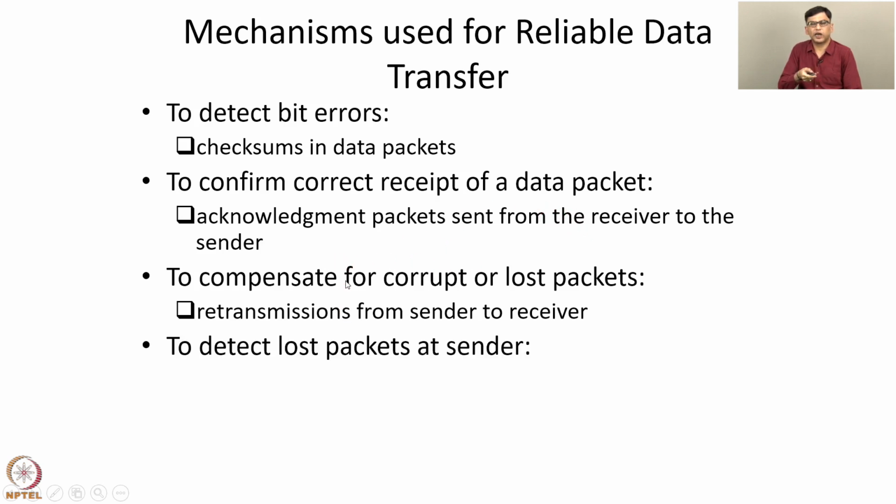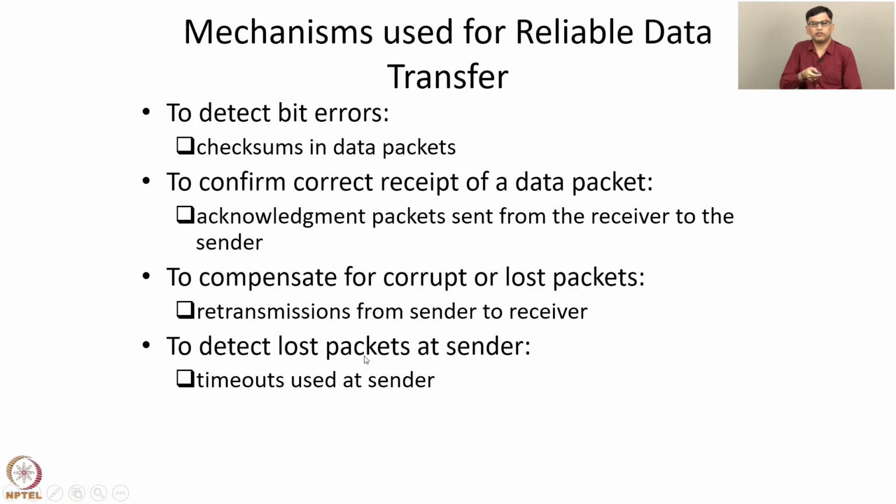Suppose the sender has sent a packet, but it never reached the receiver because it was dropped during transit at a router because of congestion at the router. So how does the sender detect that a packet has been lost? When the sender sends a packet, it starts a timer which is set to an estimate of the time required for a packet to reach the receiver and then for the acknowledgement to come back to the sender.